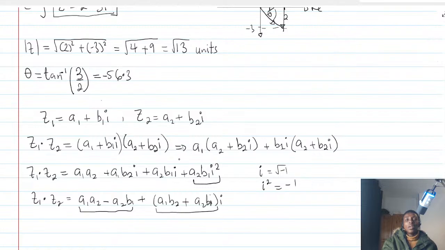All right. So that is what happens when you multiply complex numbers.